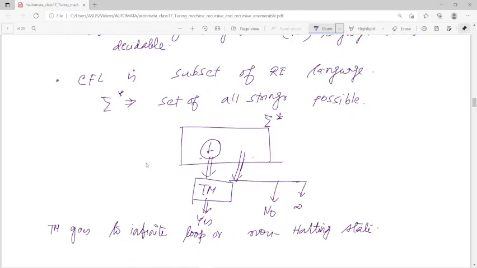But of course there is a problem with the Turing machine. If a string is present in the language and I give it to the machine, it will stop and say yes. But if the string is not present, because the string is outside L, it may say no sometimes, but sometimes it may be in a non-halting state.